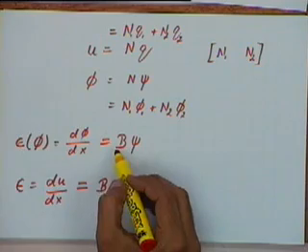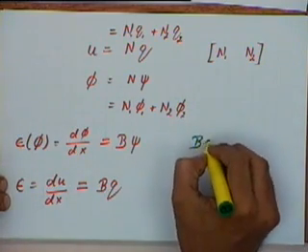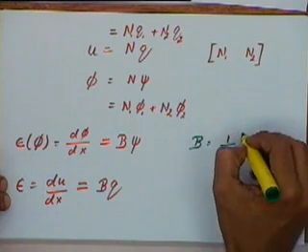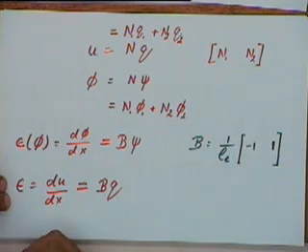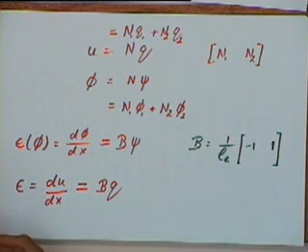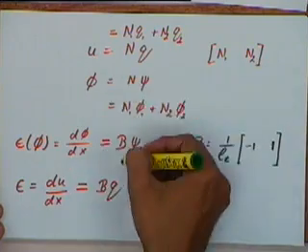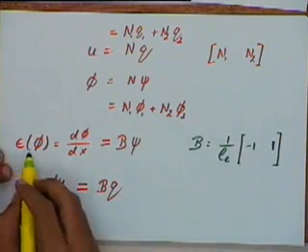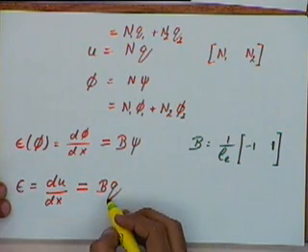And this matrix B is the matrix given by this expression. This matrix B is the same as the matrix that we had before, and the derivation for this is also absolutely the same. So epsilon of phi will be equal to B times psi, and epsilon is equal to B times Q.